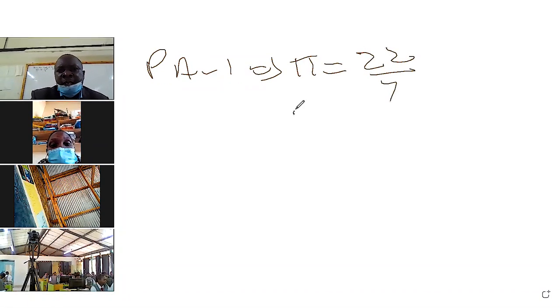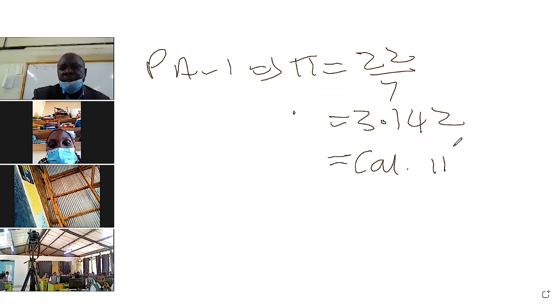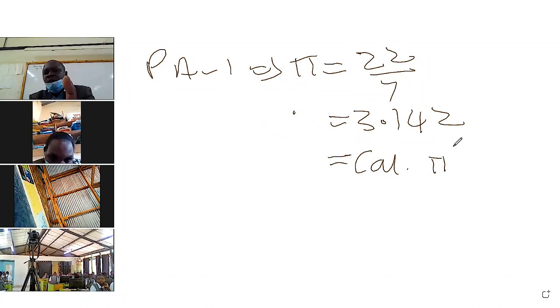Then there is the pi as 3.142. And then the other one is the calculator pi. You are allowed to use those. Otherwise, if you use 3.14, that is a premature approximation, and you are going to lose 1 mark at the end of it.